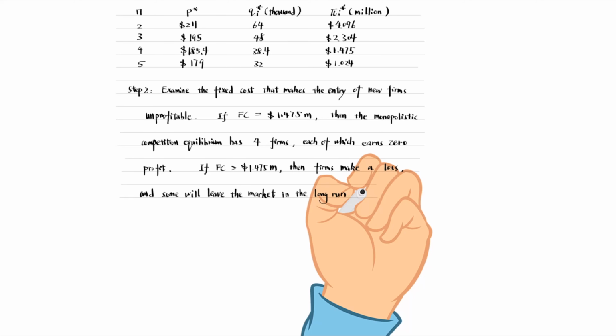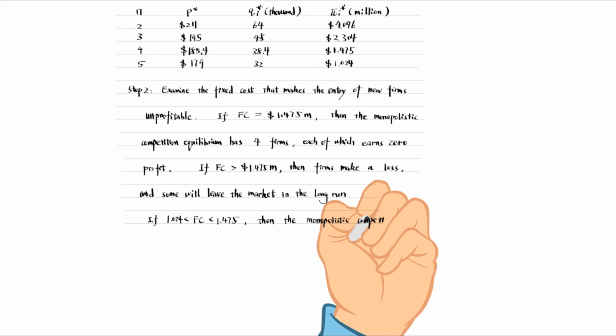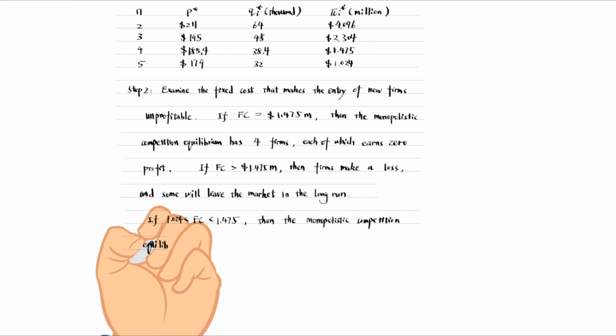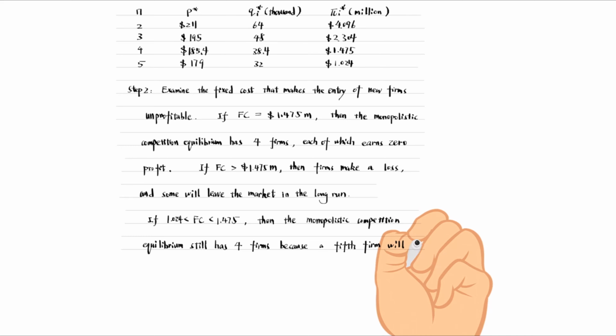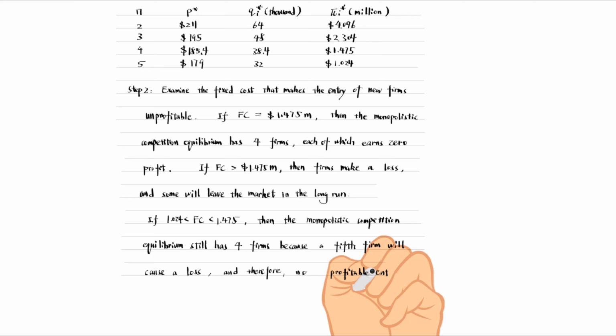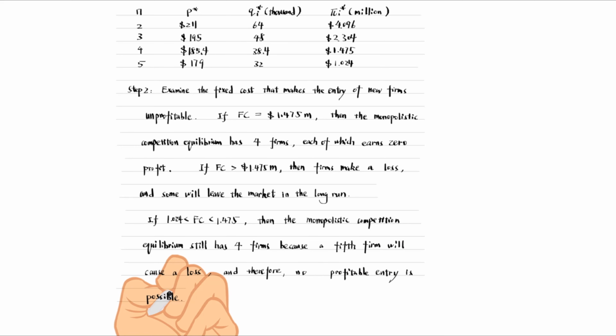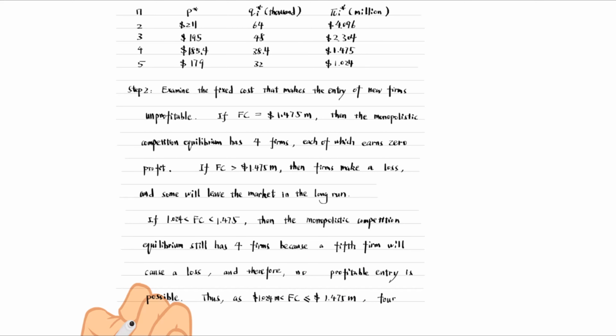If the fixed cost is between $1.024 and $1.475 million, then the monopolistically competitive equilibrium still has 4 firms because a 5th firm will cause a loss, and therefore no profitable entry is possible. Thus, 4 firms operate in a monopolistically competitive equilibrium if the fixed cost is greater than $1.024 million and less than or equal to $1.475 million.